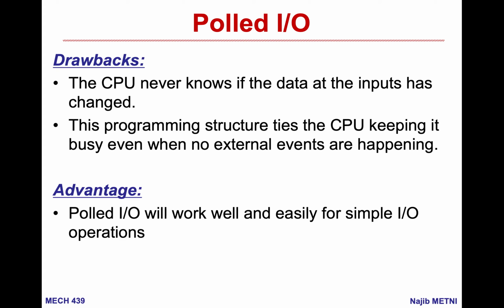I cannot keep busy just waiting, because I have so much other things to do. Maybe I should read the temperature, I should turn on a motor. So what are the strategies? There are two strategies to test the input. The first one is called the polling strategy, and the second one is called the interrupt strategy.